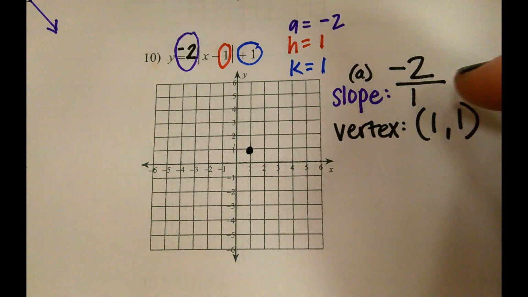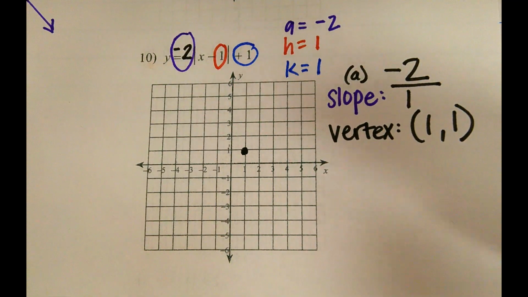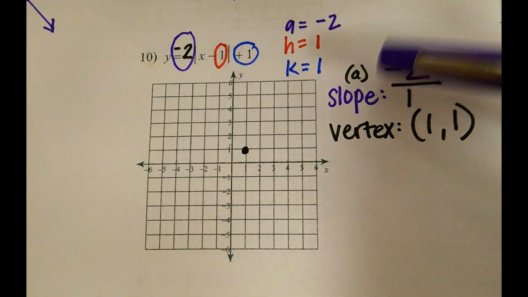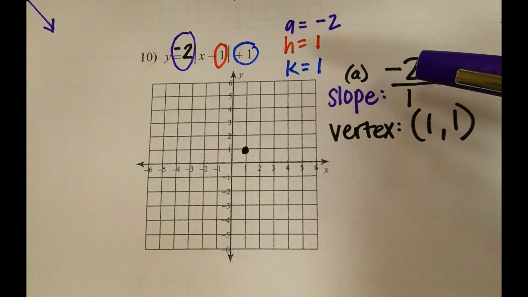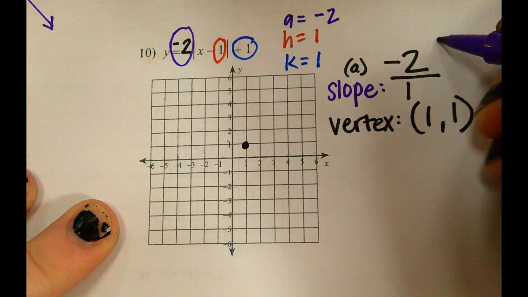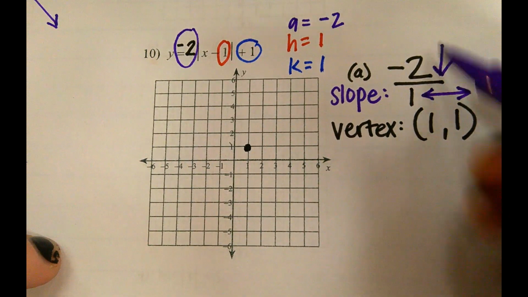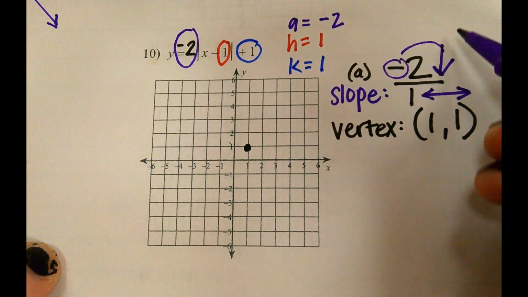Now, because our slope is -2 over 1, where will I go? How about this? Somebody just raise your hand and tell me, what does this tell me to do next? Down 2 over 1. The negative tells us to go down.